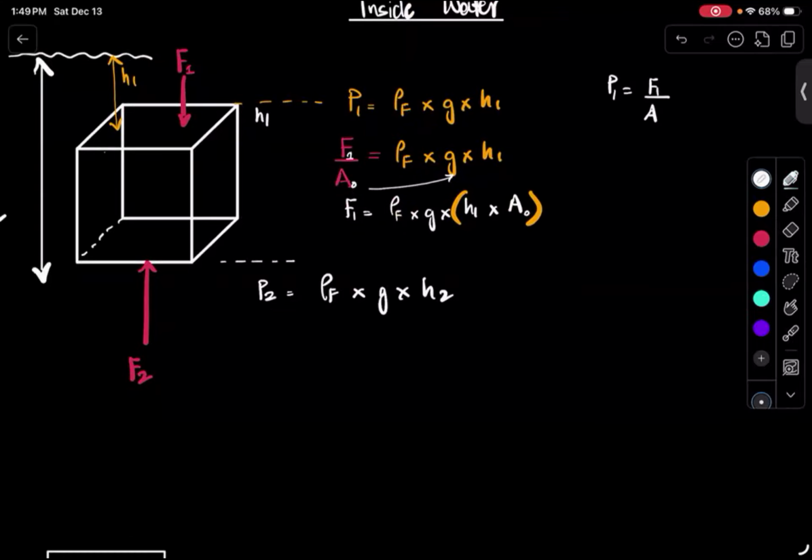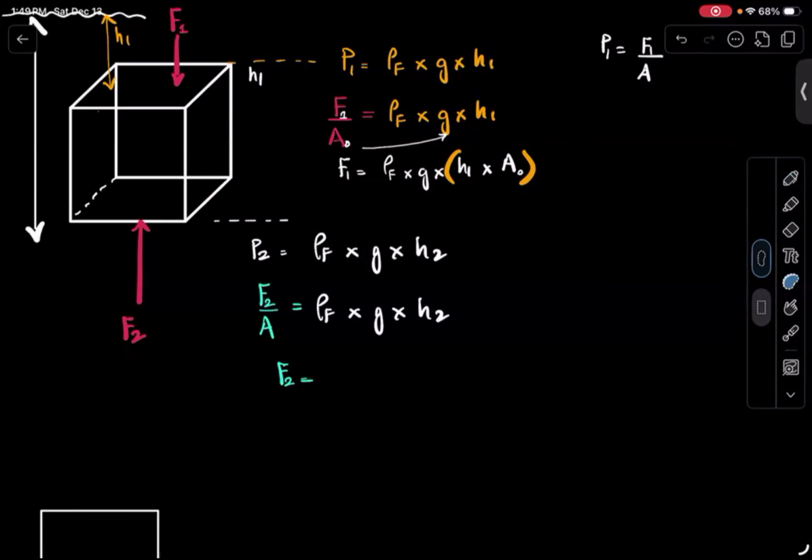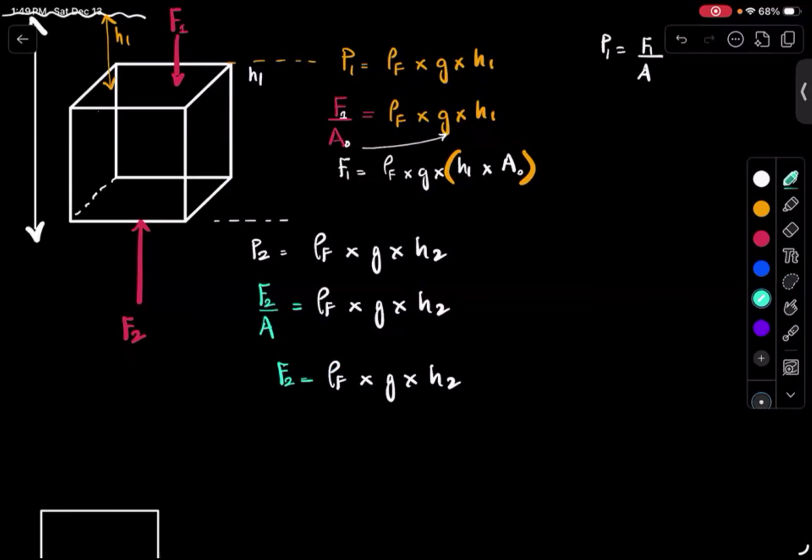Okay. And then what is pressure P2? Pressure P2 is just again F2 over area, which is equal to this same thing. Okay. Then, if you want to calculate the force F2, this should equal to this entire value and you multiply it again with area A naught.